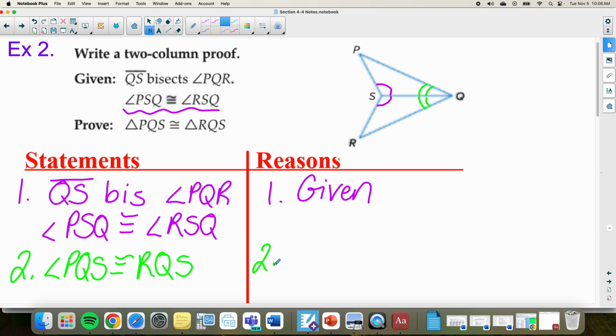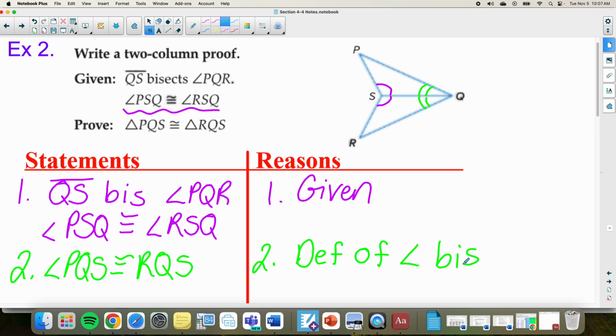And earlier we did one that was definition of segment bisector. Here we bisected an angle. So this is definition of an angle bisector. Okay.